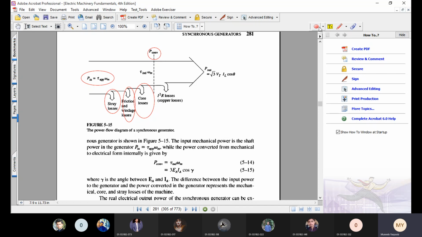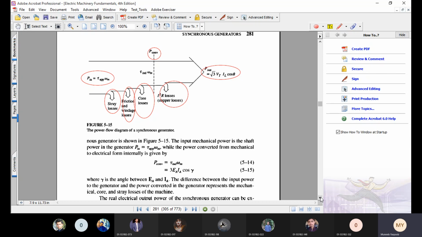So we have to subtract these losses, and the rest of the electrical power is available for the load to consume or to perform some task that is given to the generator.